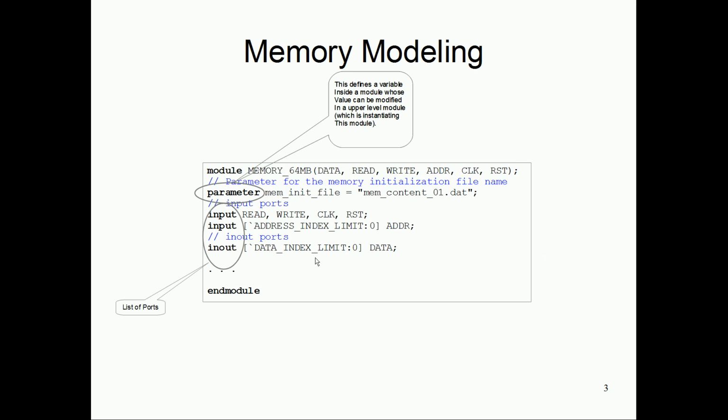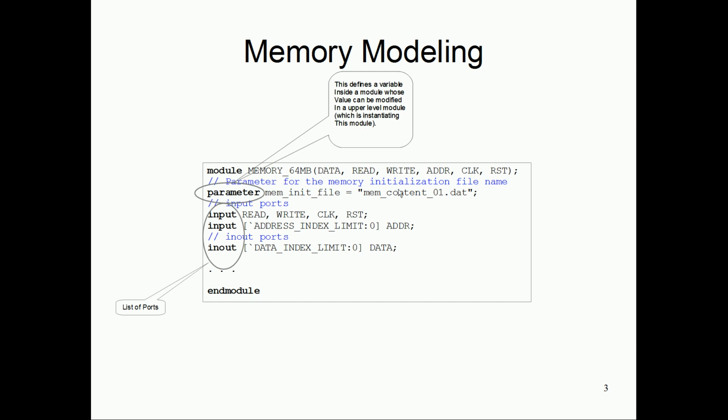And the output is data, with the data index limit, which is 32 bits. It is again a macro defined in that prj underscore definition.h file. So these are the list of ports.